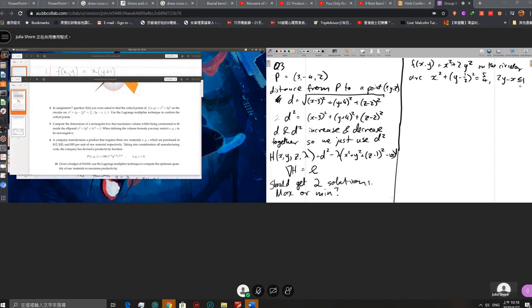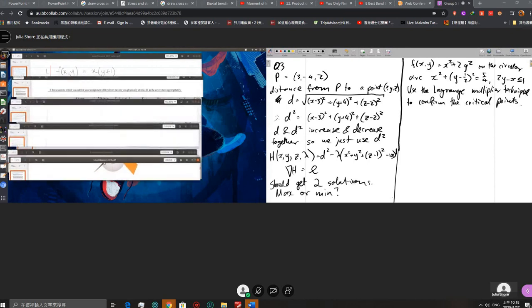Use the Lagrange multiplier technique to confirm the critical points. This particular assignment question says you did this in an old assignment, but we will be using a different technique now.